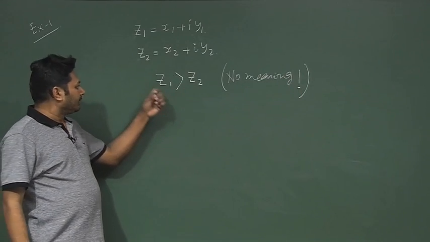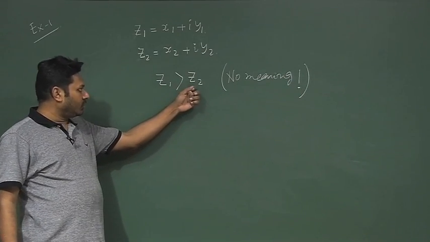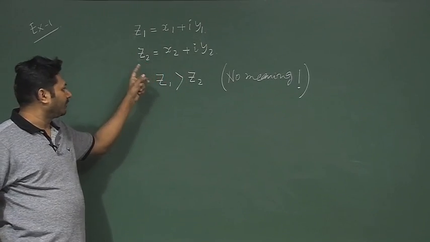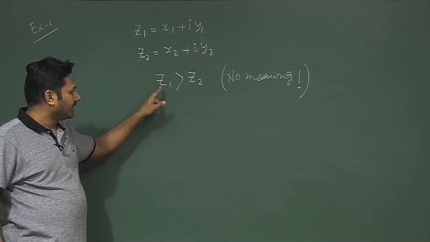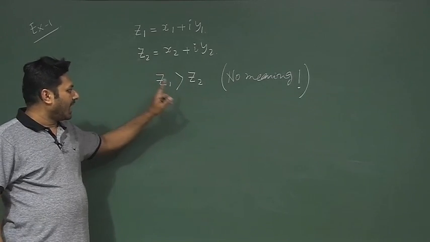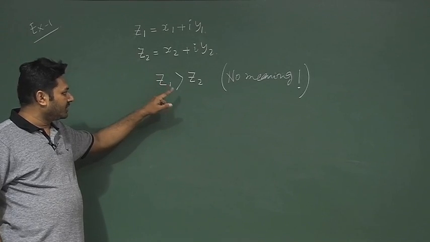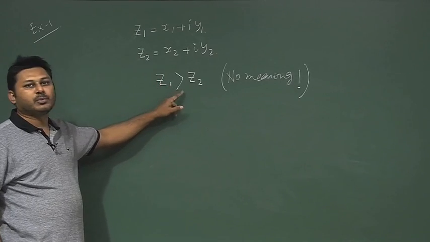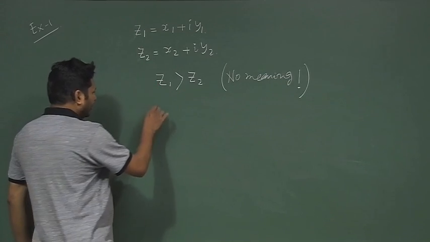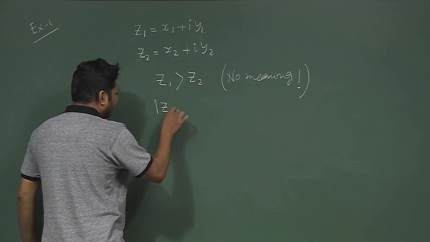Why? Because z1 and z2 are merely points. I will show that in the next class, they are points. So, I should not compare point to point. This is one point and this is another point. I am not able to say which point is greater than which point, because both are defining a point.